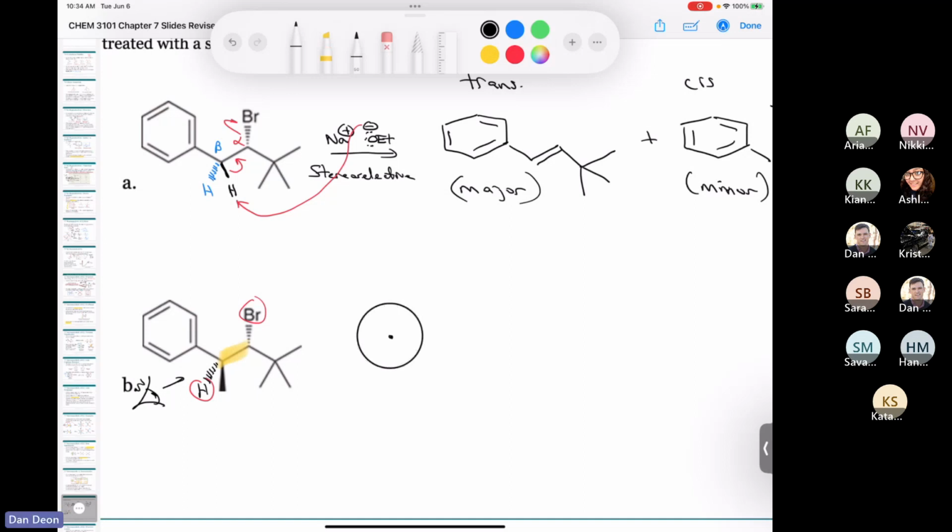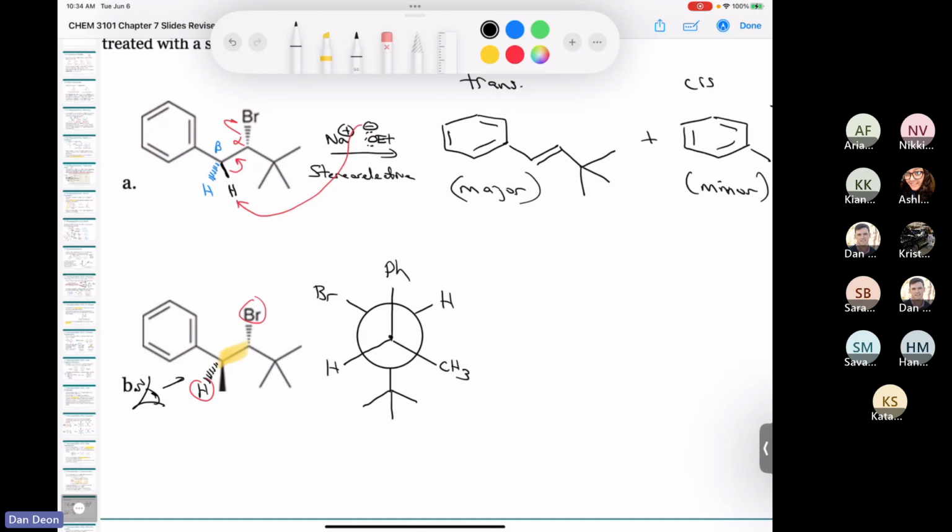On the front carbon, we've got our phenyl group going straight up, our hydrogen down here, and our methyl group coming down here, which I'll label as CH3. In the back, we have our tert-butyl group going straight down, then going up to the left, we've got the bromine, and then we have our hydrogen up here.